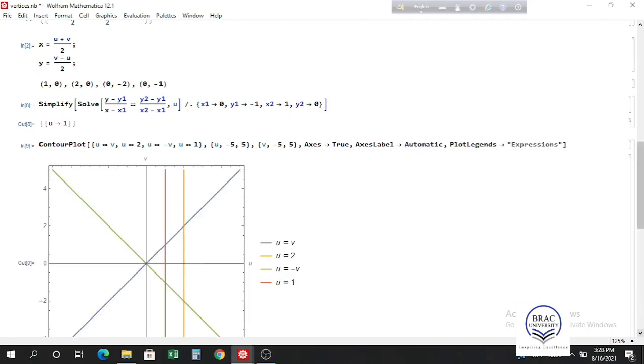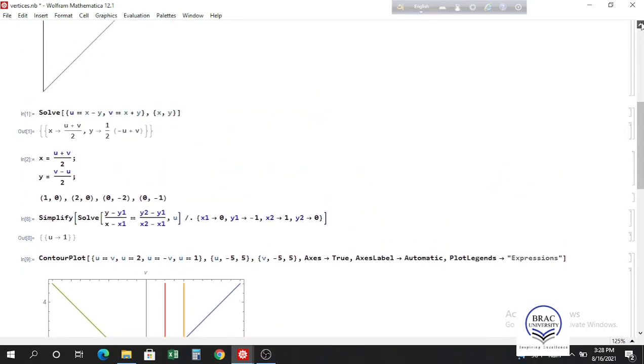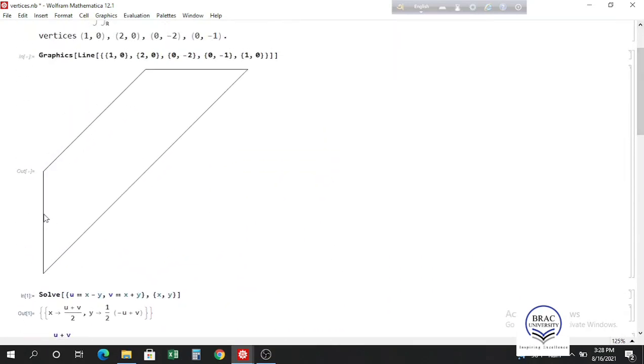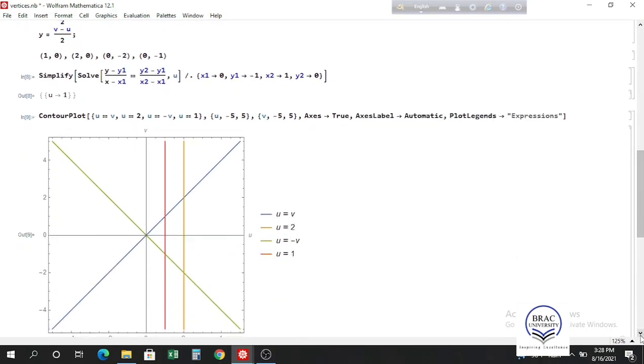So you can see the bounded region there, two straight lines and two lines, u equals v and u equals minus v. You can change the range a bit to see the region better. So this particular region in the xy plane has been transformed into this region. As we have got two straight lines now, we can easily find the limits. As you can see, u goes from 1 to 2 and v goes from minus u to u.